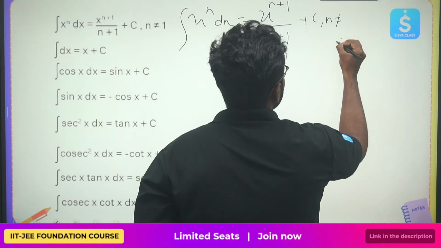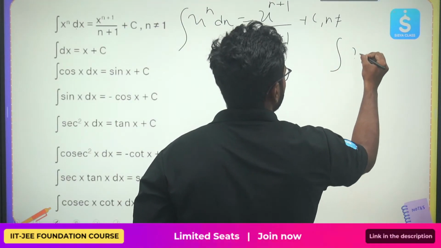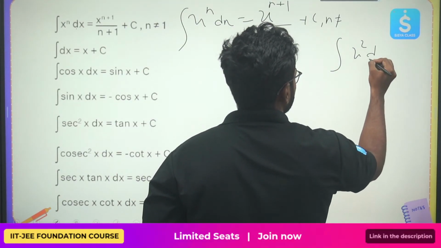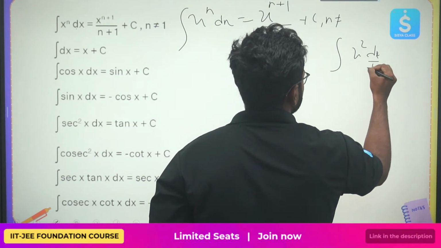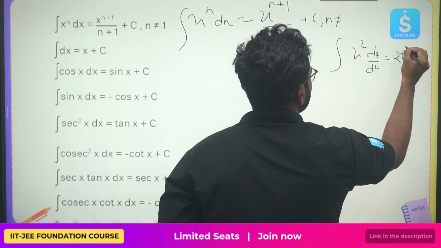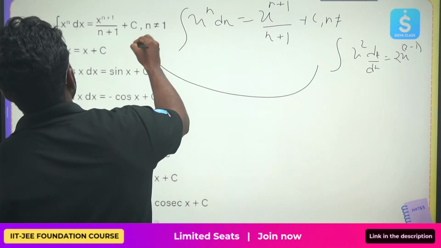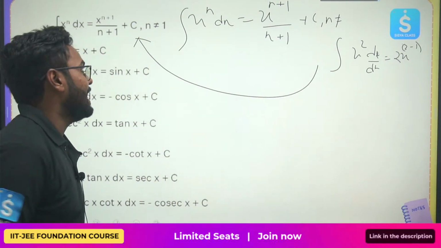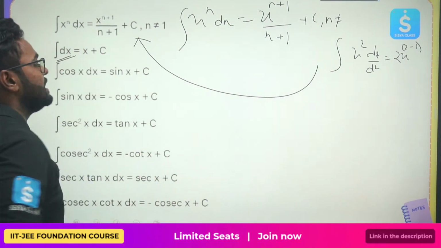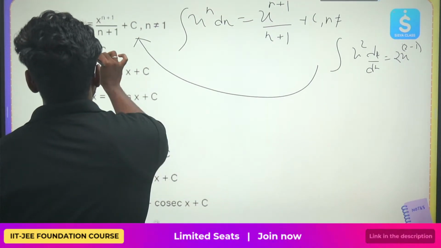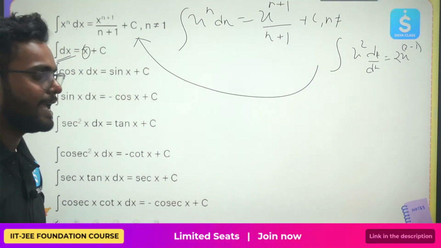Now in differentiation, for x square, dy by dx is 2x power 2 minus 1. This is exactly the opposite of it. And the integral of 1 dx is x plus c, where x is a variable.